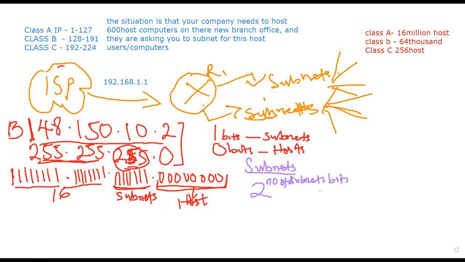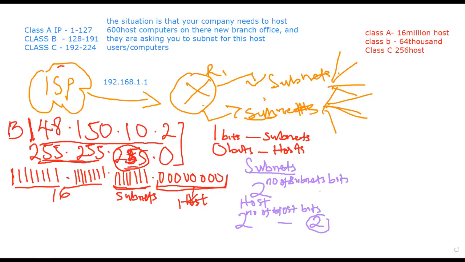This is the formula to know the number of subnets that will be on a network. On the other hand, for hosts, the formula is 2 to the power of the number of host bits, minus 2. Why we are subtracting this 2 from this formula is that these 2 are reserved for the network ID and the broadcast ID. This is why the 2 are always subtracted in the host formula.